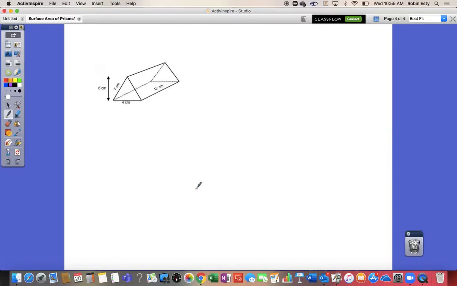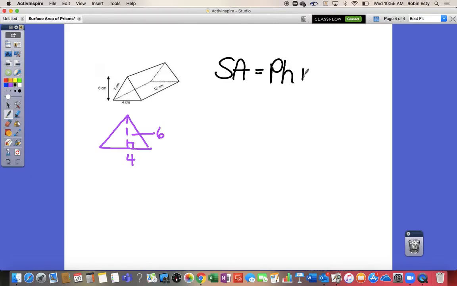Okay, so if we look at this here, my bases are these triangles. Okay, so I'm just going to resketch this triangle. And the height is 6, and that's 4. Okay, so I'll do the formula they gave me. Surface area is perimeter times height plus 2 times my base.